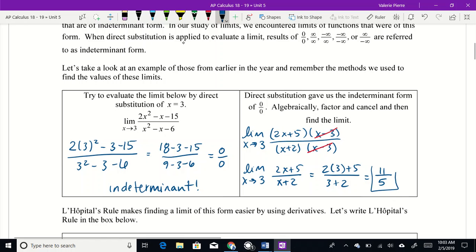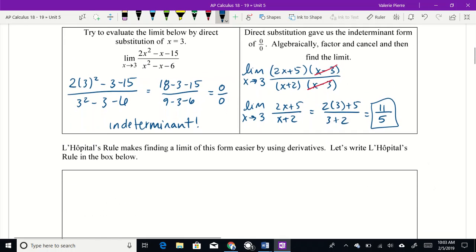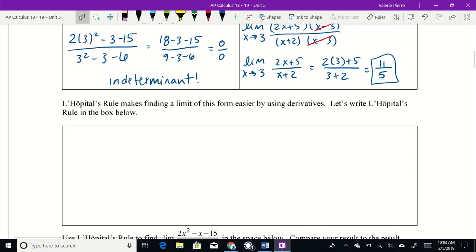Now, today, we're going to learn a new way to find the limit when we have indeterminate form, and that way is L'Hopital's rule. It makes finding a limit of this form easier by using derivatives.